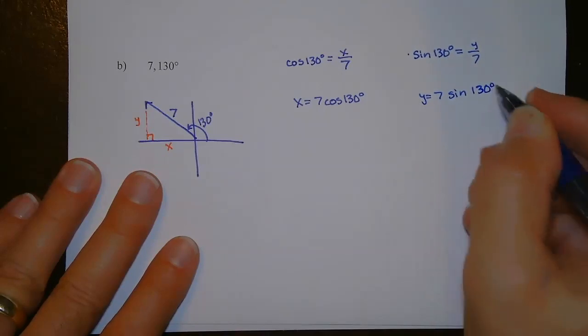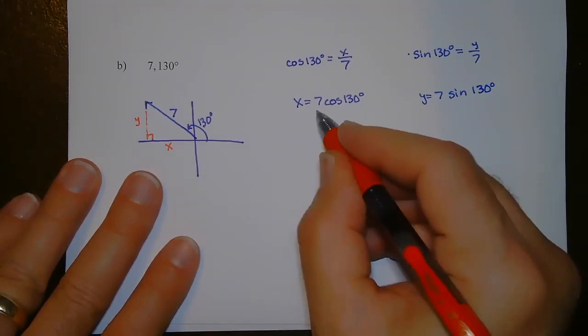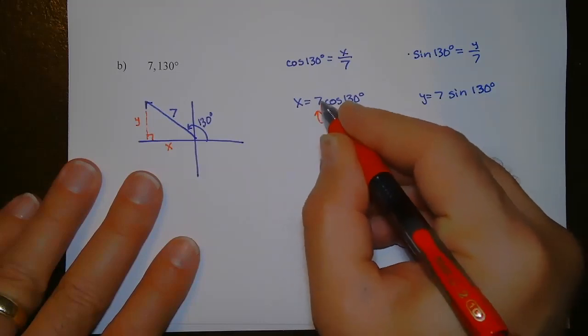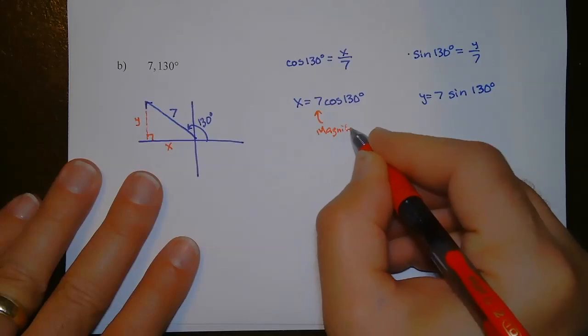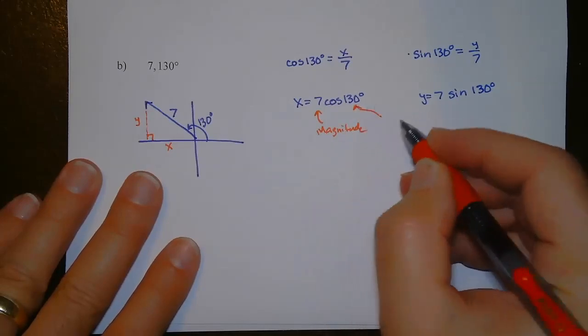Now, something I want to point out, this 7 right here, you could jump straight to these, because this is the magnitude. The 7 is always going to be the magnitude, and the 130 right here is the direction angle.